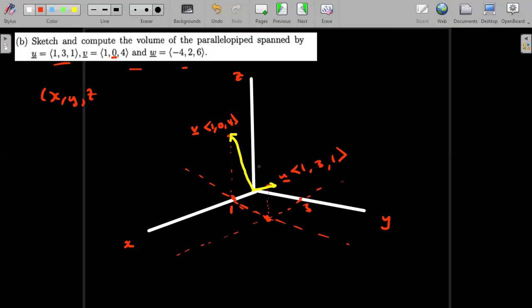Then I plot the other vector, which is telling me the other vector is -4. So if this here is my y-axis and this is the positive y-axis, then going this other way, this side, is going to be my negative y-axis. So I move 4 units here.